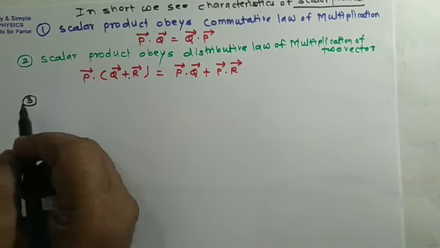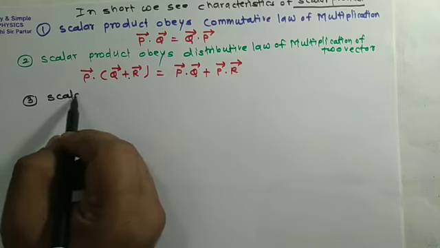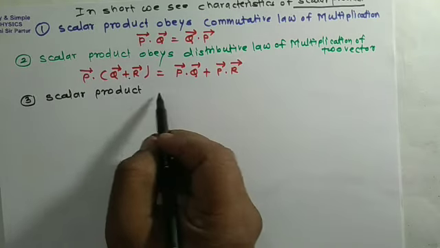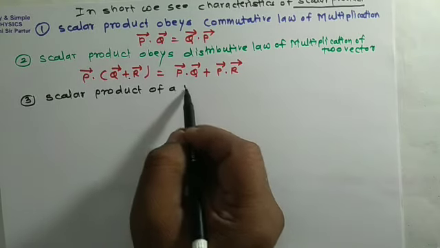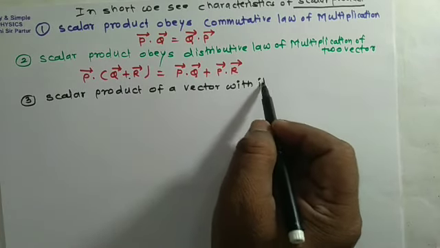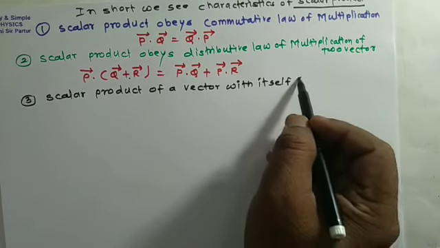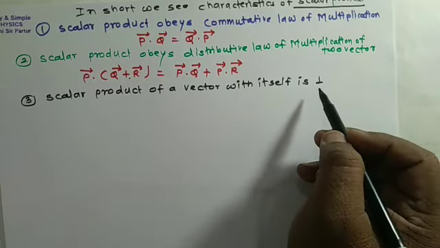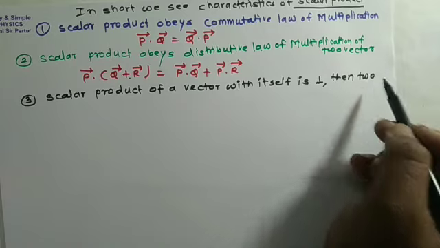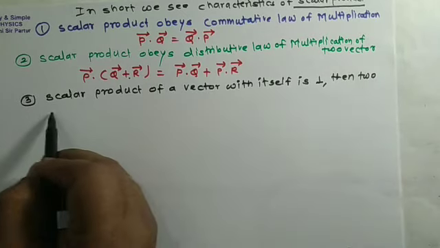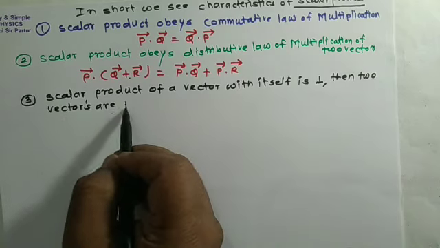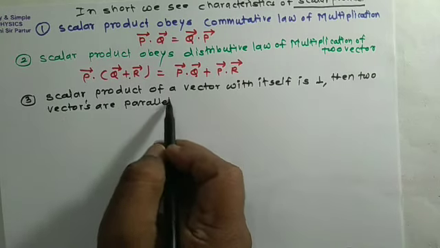See here, scalar product of a vector with itself is 1, when two vectors are parallel to each other.